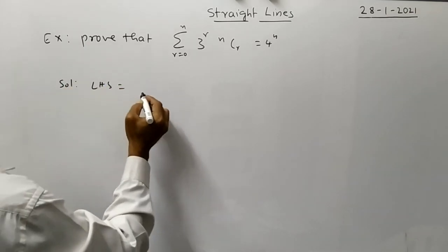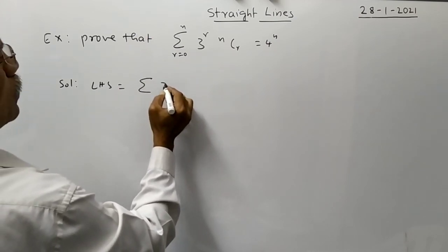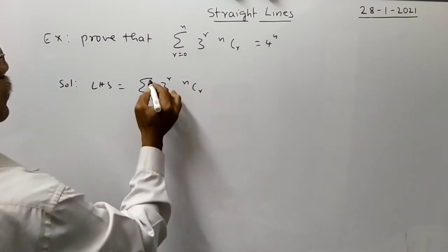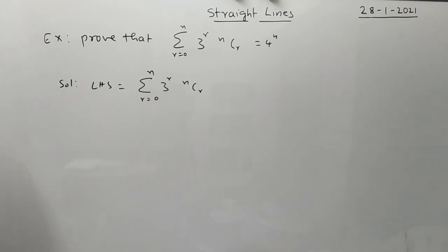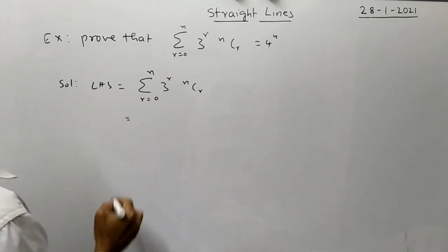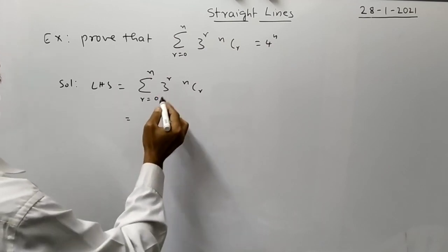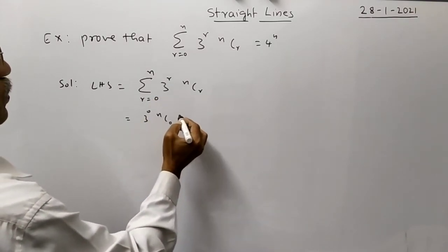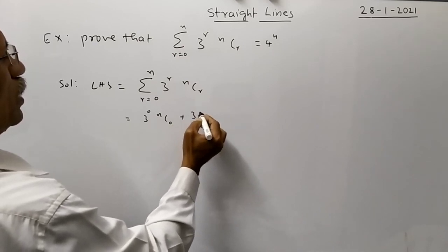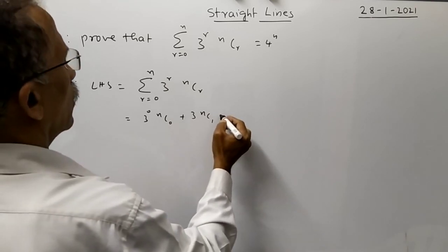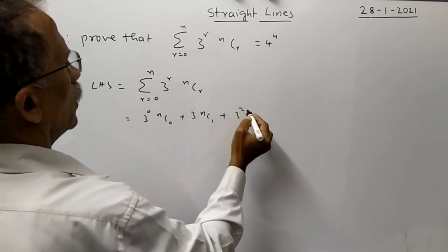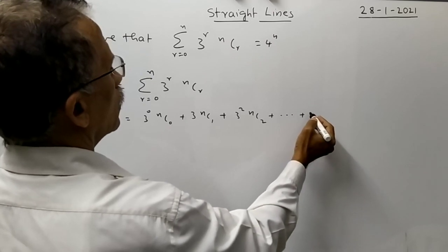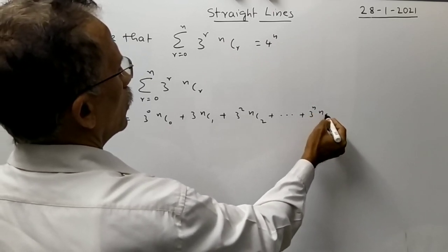LHS is equal to summation of 3 raised to the power r into nCr, r is equal to 0 to n, which is equal to 3 raised to the power 0 into nC0 plus 3 into nC1 plus 3 square into nC2 plus and so on, plus 3 raised to the power n into nCn.